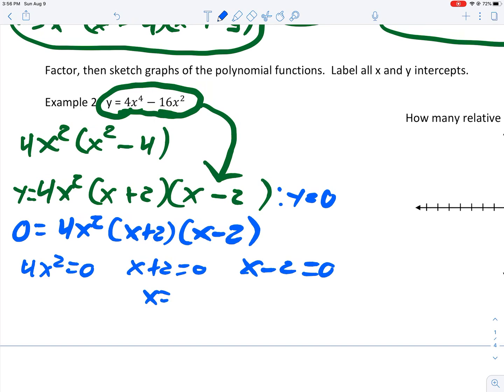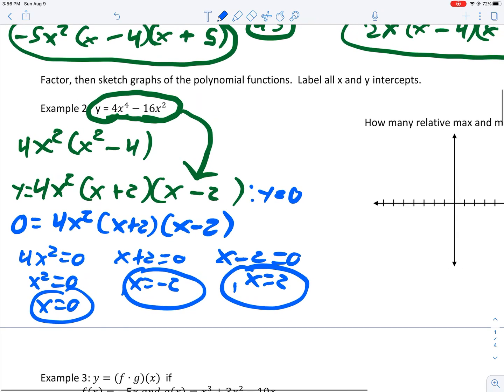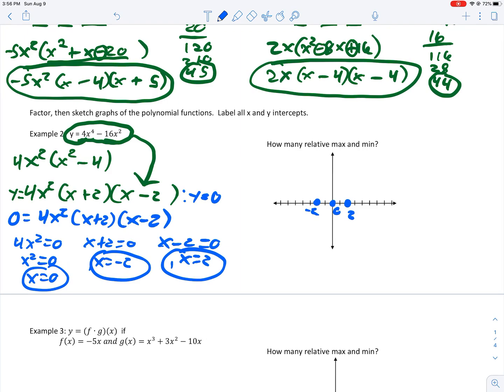So x equals negative 2, x equals 2. Divide by 4, x squared equals 0, so x equals 0. So these are our 3 x-intercepts. 0, negative 2, and 2. So I have my 3 x-intercepts.